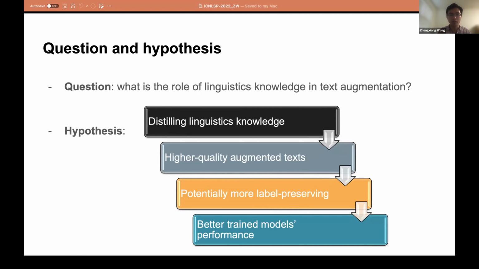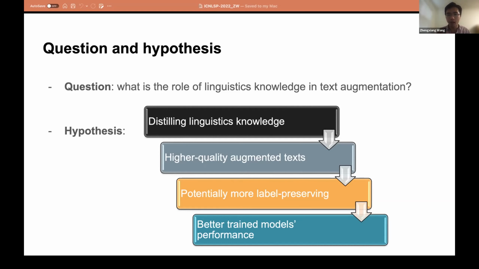My hypothesis is that if we add some linguistic knowledge to these techniques, maybe that will produce higher quality augmented text, and that probably will be more label preserving, because the whole point of data augmentation is to produce novel and label preserving new data, and that might improve the performance of the trained model on certain tasks.